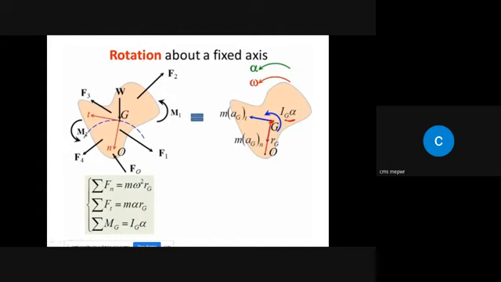So Fn is equal to m omega square rg, Ft as it is, m alpha rg, and Mg will be equal to the inertia couple moment only, right?